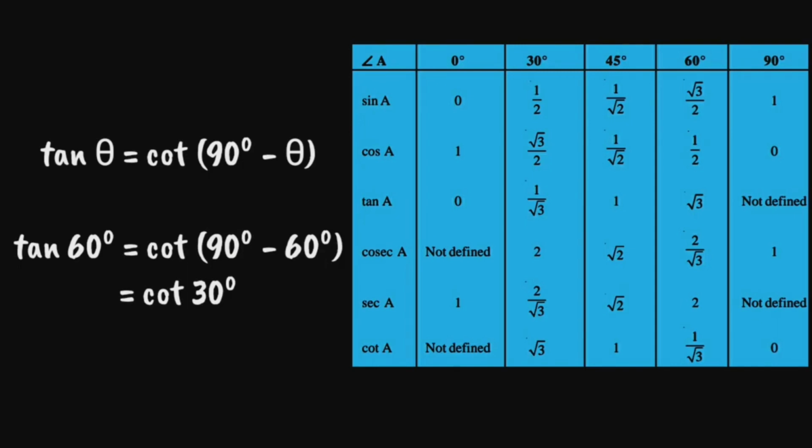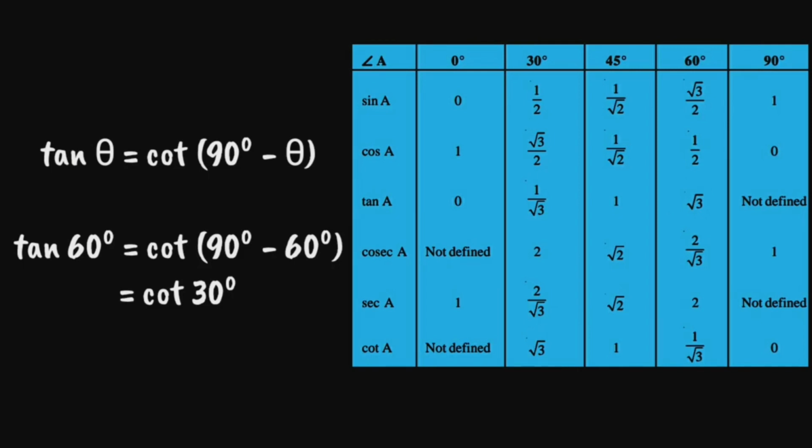So we are getting tan 60 degree equal to cot 30 degree. And in the table you can see both are equal. Since this topic is a deleted portion, we are not discussing more about it.